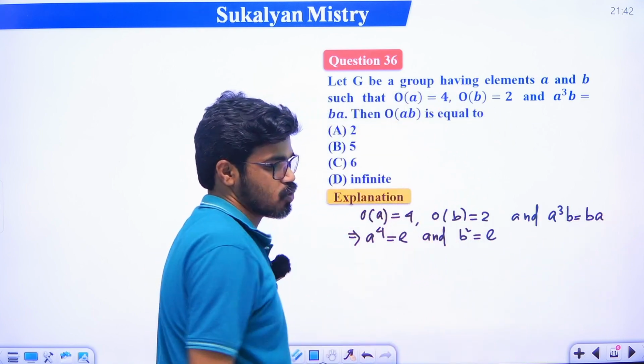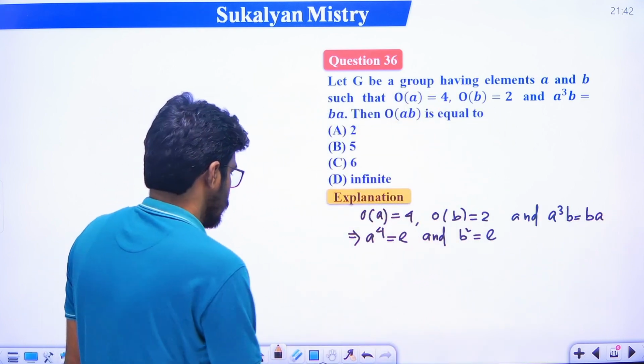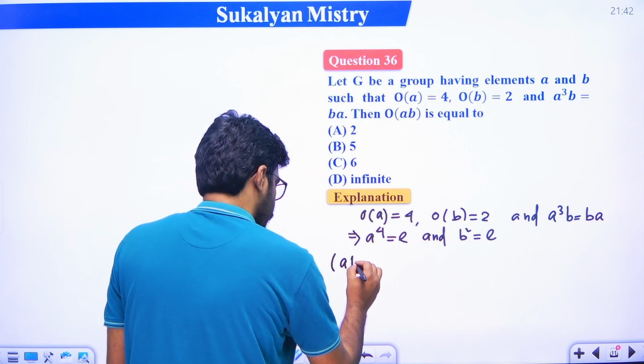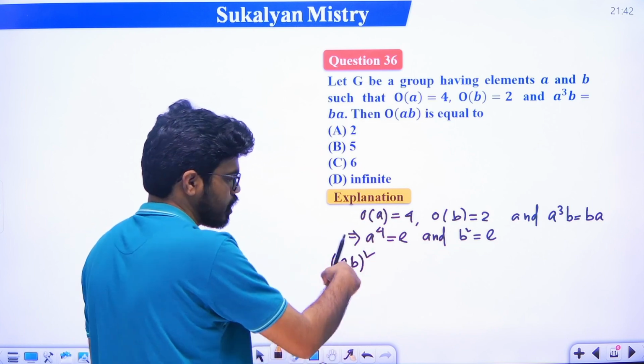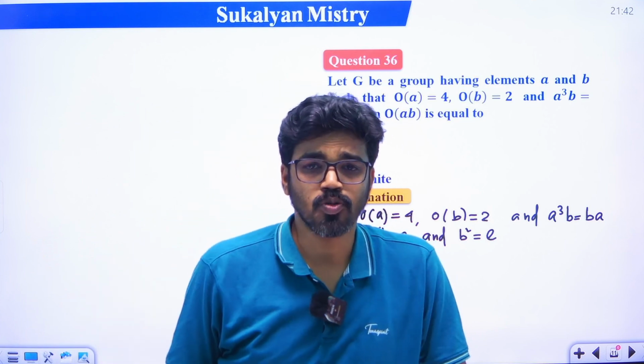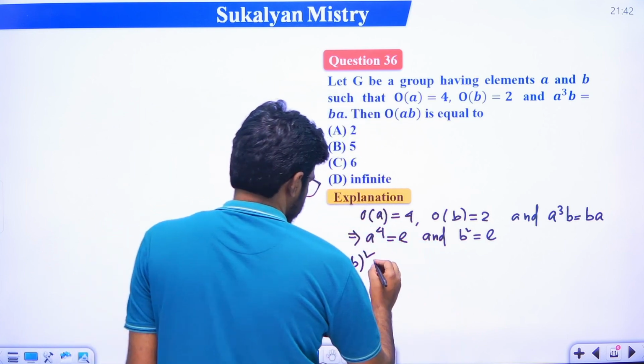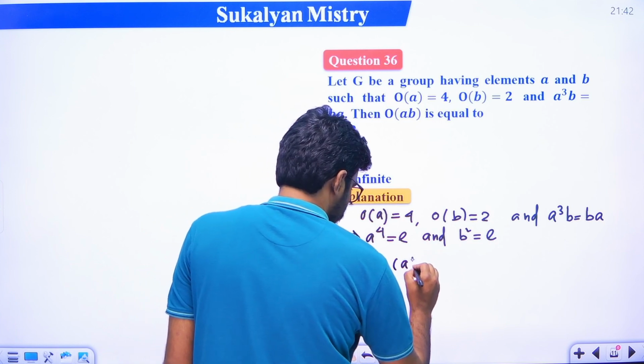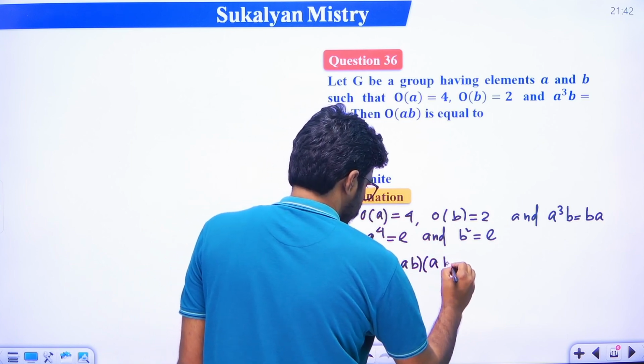We have to calculate the order of AB. So first calculate AB square. If AB square is equal to E, then the order of AB will be 2. So AB square, that means AB into AB.